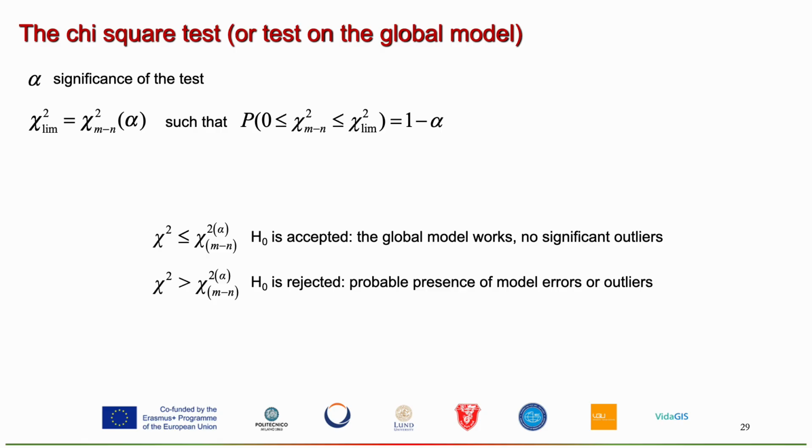In this case, you can state that H0 is accepted, the global model works, and probably no significant outliers are present in your dataset. In case the empirical chi-square exceeds the threshold value, you need to reject H0, and so you have to hypothesize that probably there are outliers, individual or also at the global level, in your observation set.